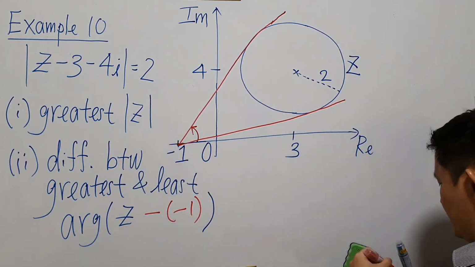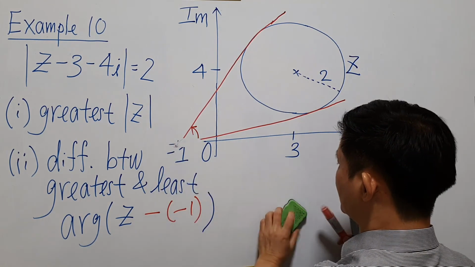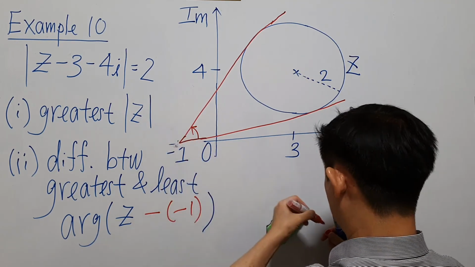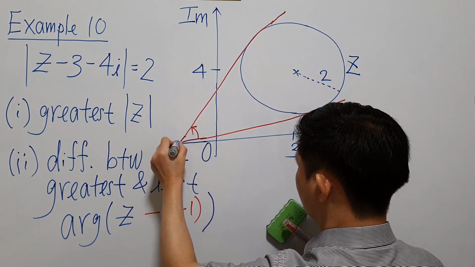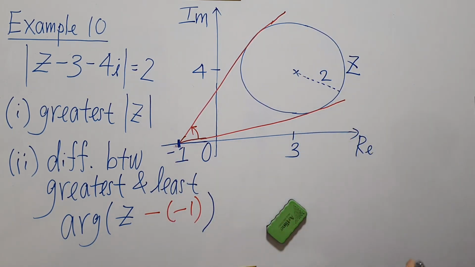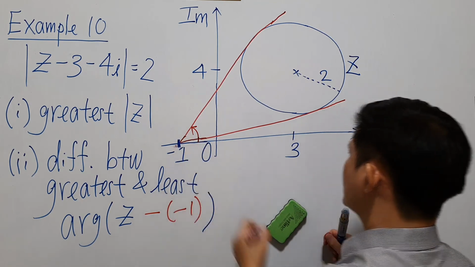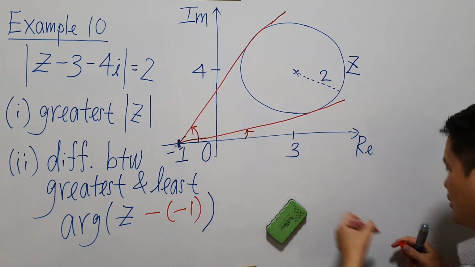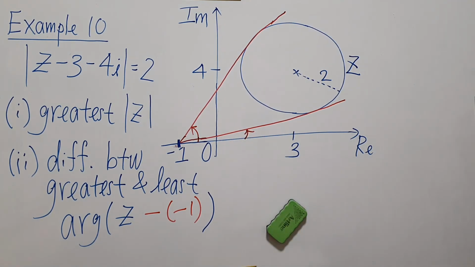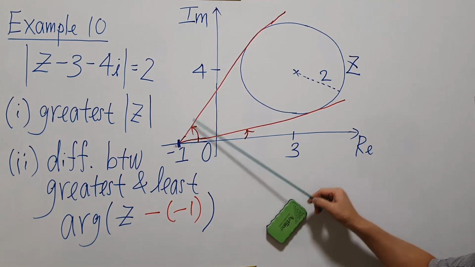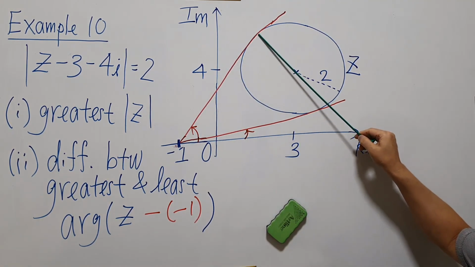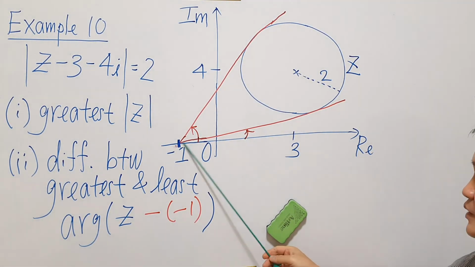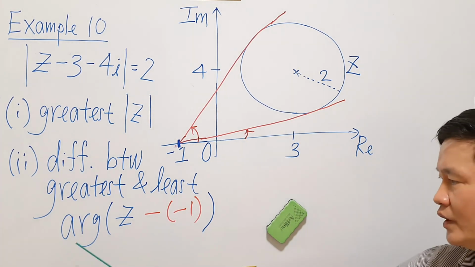So your least argument is achieved here. This is the least argument you can achieve. So on the one hand, from minus 1 to a point here achieves the greatest argument of z minus (minus 1). From the point minus 1 to here, it achieves the minimum argument.